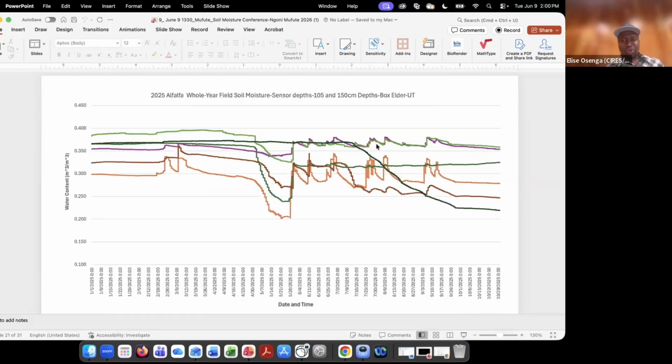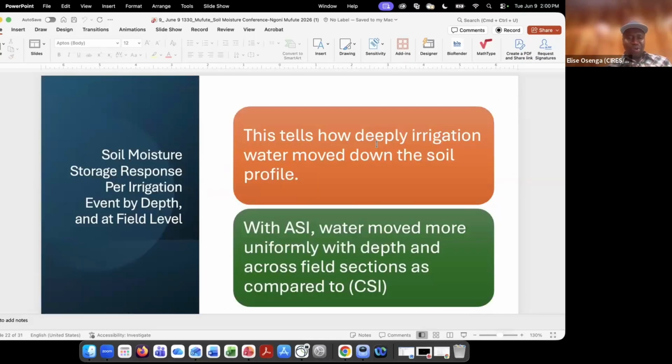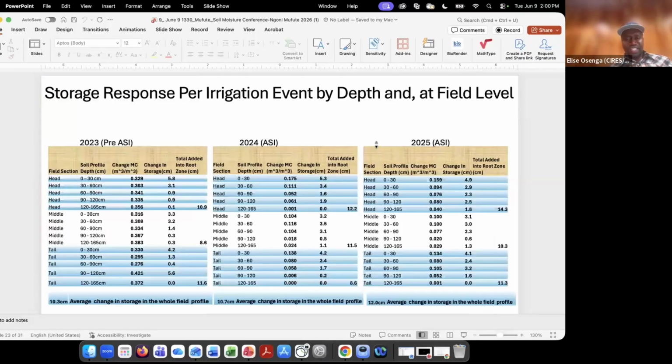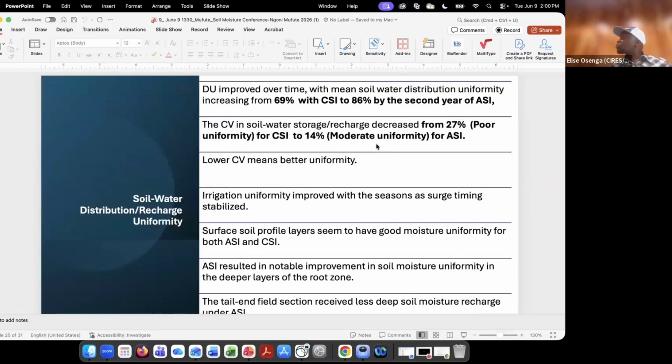All right. So then I'll go on to the storage response. The results that we got when we analyzed this: the DU changed from 69% before, when the farmer was using conventional irrigation in 2023, and it improved to 86% by 2025, which means that the uniformity of irrigation was improved a lot by introducing automated sedge irrigation.